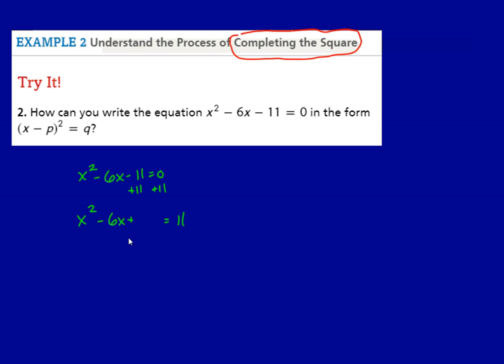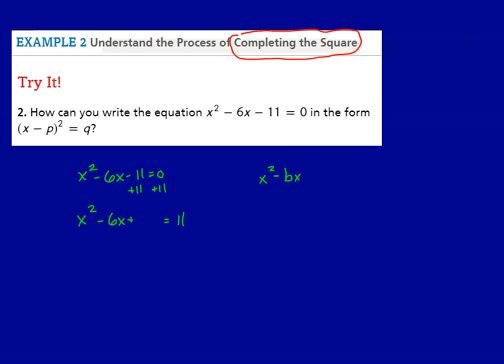Okay? Now, I want this to be a squared minus 2ab plus b squared. So when we complete the square, if we have x squared minus bx, that's what we have here.